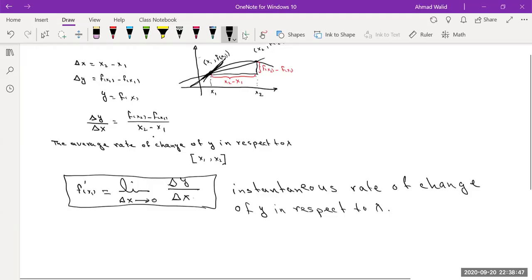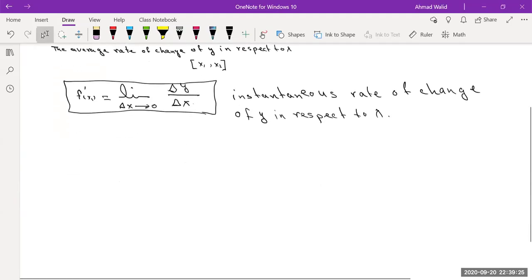Now, if the slope of the tangent line, which is the first derivative at a point, means the instantaneous rate of change, then we can use this idea in different fields of science to calculate, for example, in physics, velocity and acceleration, in chemistry, or in business. If I have a function, for example, for the cost, I can find the other parts of that by taking the first derivative.